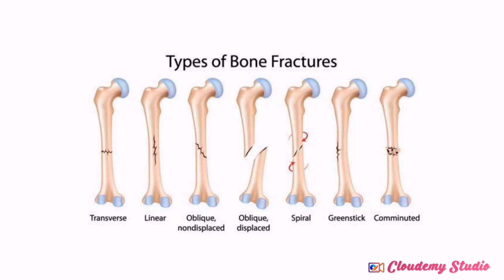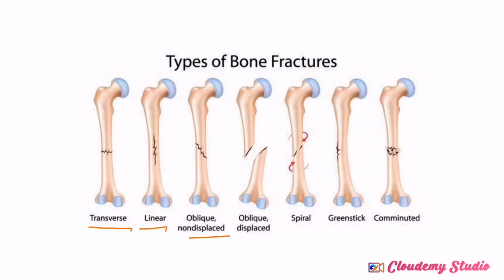Types of bone fracture. So under types of bone fracture, we have what we call transverse bone fracture, we have what we call linear, oblique, displaced, oblique, non-displaced. The difference is that with this one, oblique displaced, the bone is completely cut here, but oblique non-displaced, the bone is not cut, just the fracture that you can see, but it is not broken into two or more pieces.